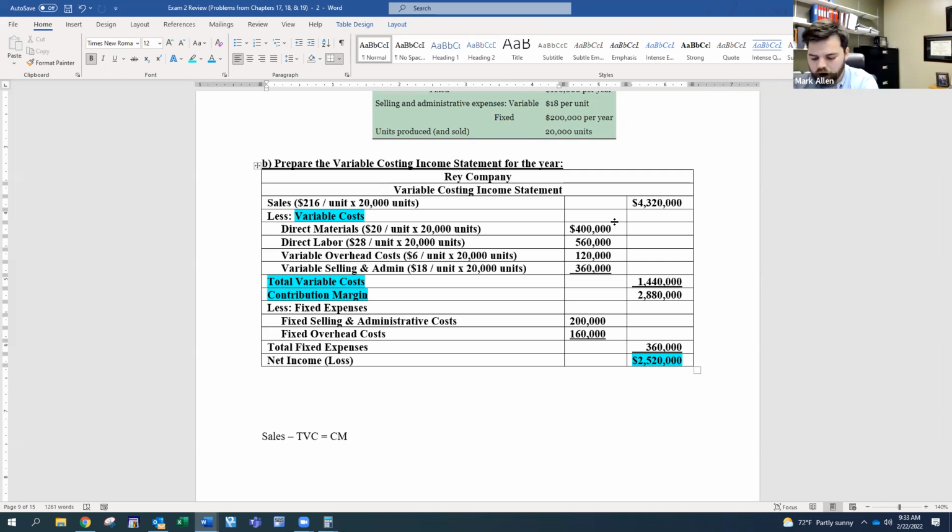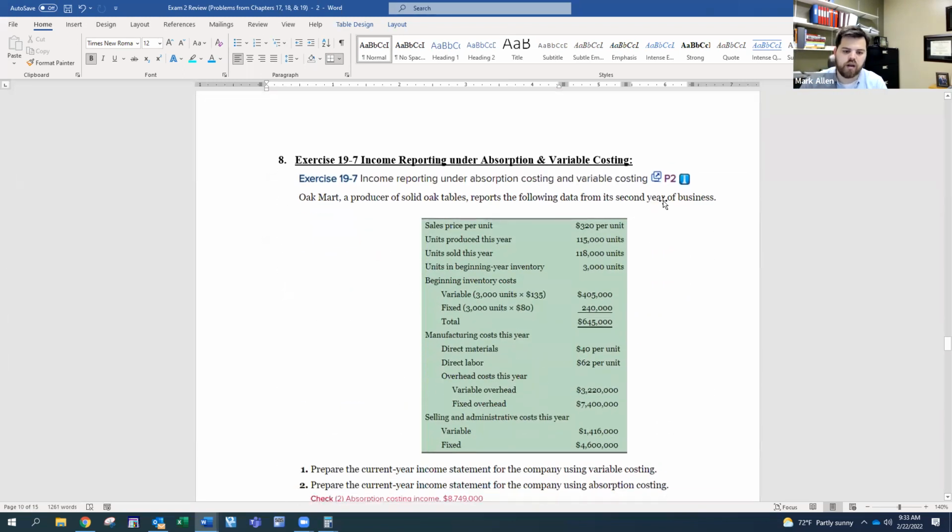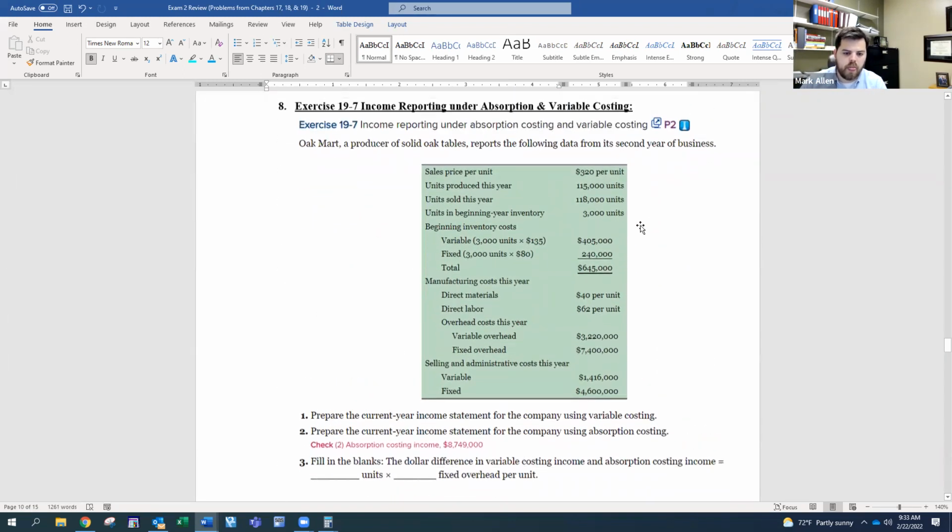Next, for our next problem, we're going to look at another situation of absorption and variable costing. But I want you to notice something. This one is going to be a little bit harder than the last. Why? This section right here keys me in that I've got a very challenging problem ahead of me. Because what I notice here is, well, units produced are less than units sold.